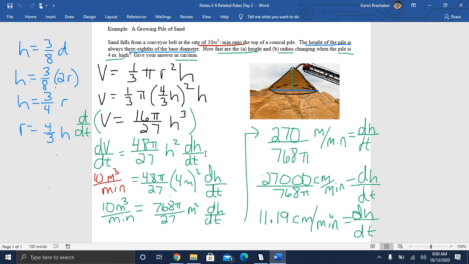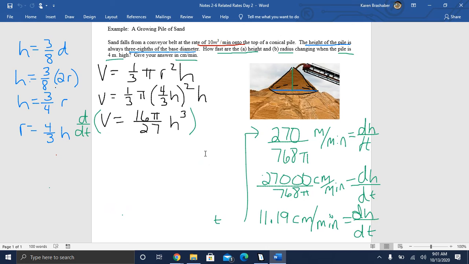We are in part B going to have to start over on our derivative because we're asked to find the rate of change of the radius. So I'll clear the screen, and actually I'm just going to erase a little bit of this, but you'll probably want to, on your papers, create a new area for you to be doing this work.